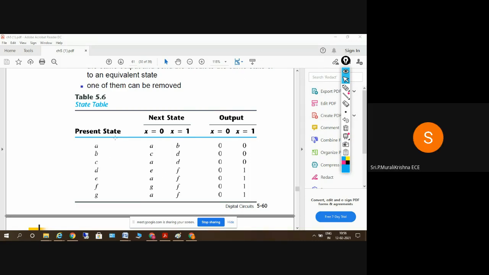From this diagram, our concept is the state reduction. State reduction can be done when we identify the equivalent states. So how do we identify the equivalent states?